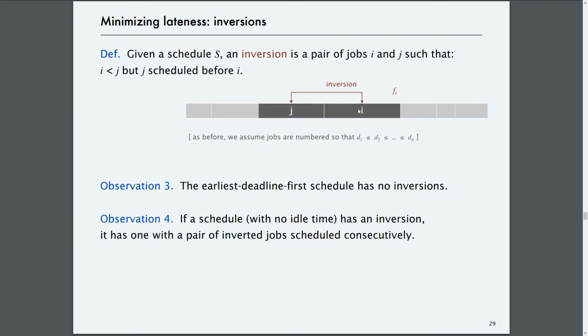So that's going to increase lateness, having this inversion here. And note that the earliest deadline first schedule has no inversions. So what we do is, with this schedule S, if it has an inversion, and it has no idle time, then there's a schedule as well where you swap these two.